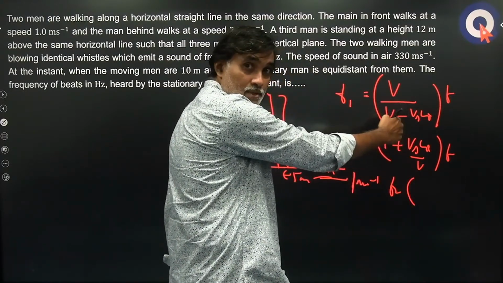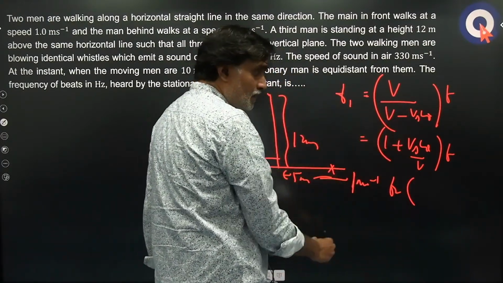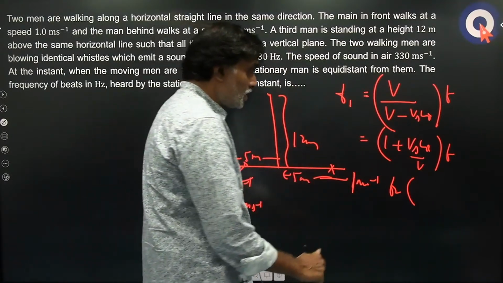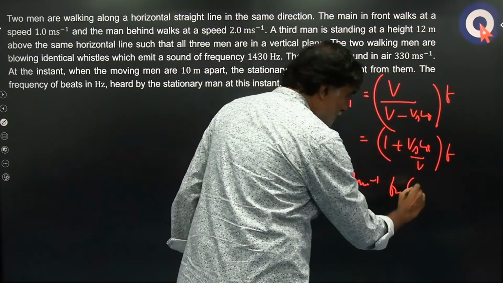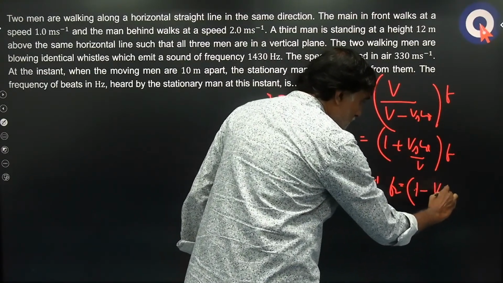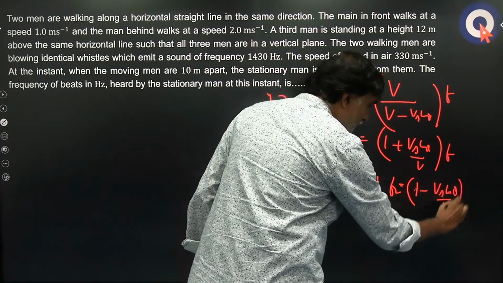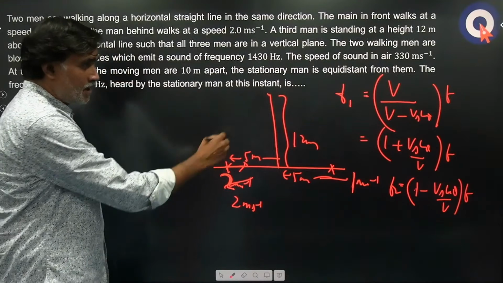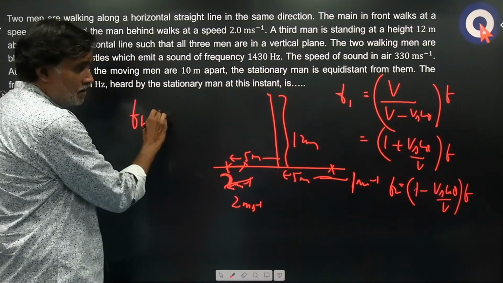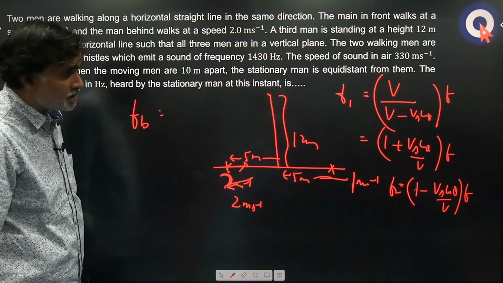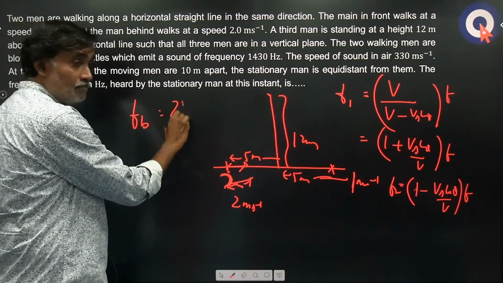The denominator will get a plus because it is going away, with the same theta because of similar triangles. Then f2 is equal to 1 minus vs cos theta by v into f. Then what is the beat frequency? It is the difference of those two, which is 2 vs cos theta by v into f.